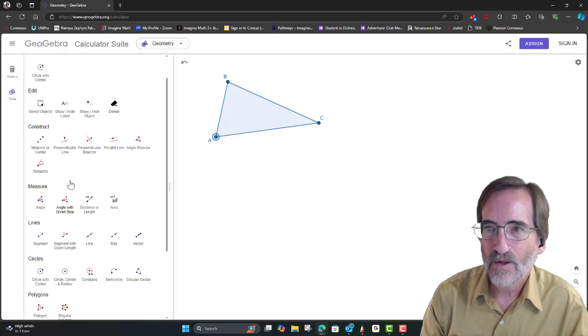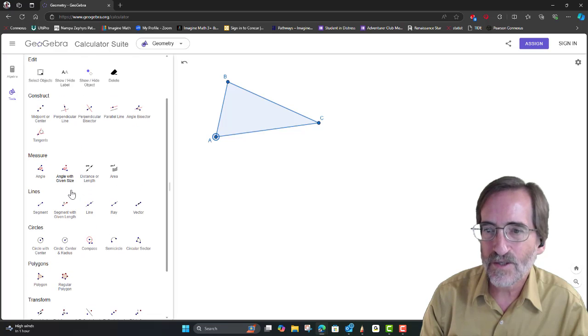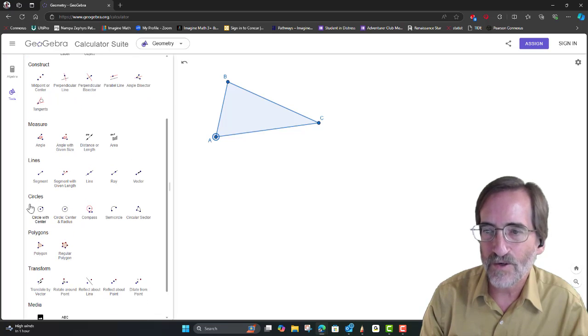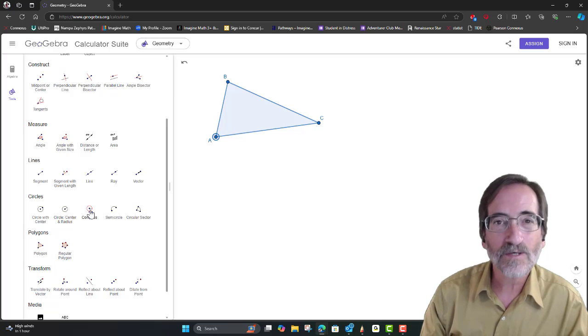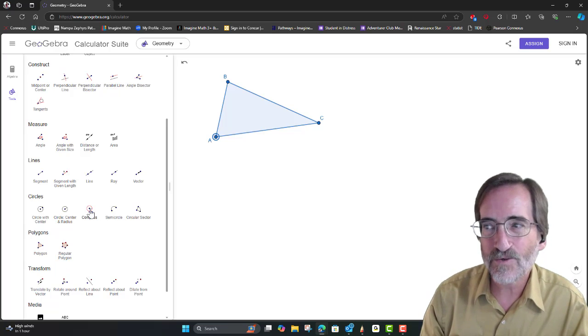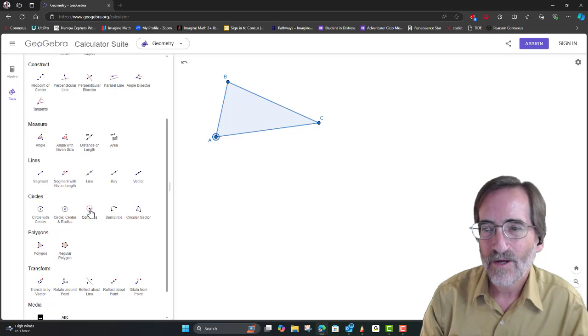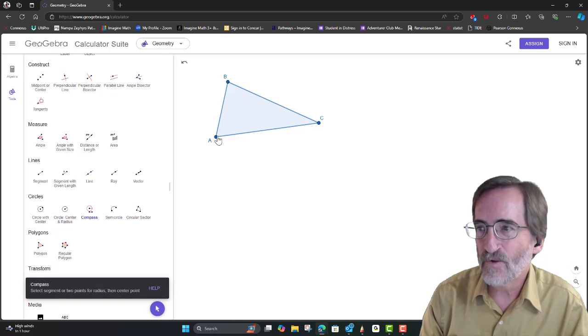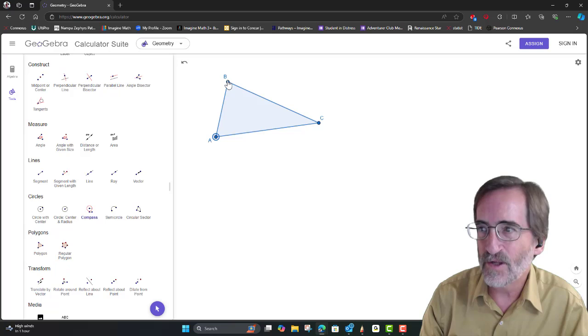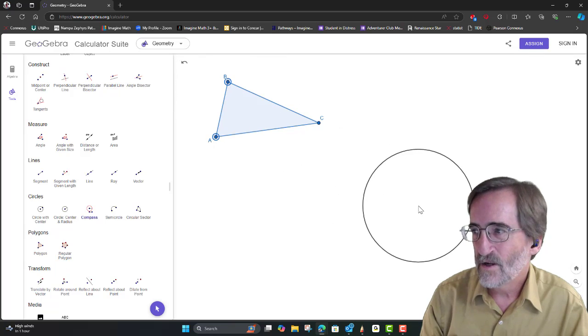But what I'm going to use is the compass tool under circles to construct another triangle by measuring all 3 sides. So I'm grabbing the compass tool, I'm going to put it on A and then on B, and that makes a circle of radius AB. I'm going to move it over here and plop it right there.